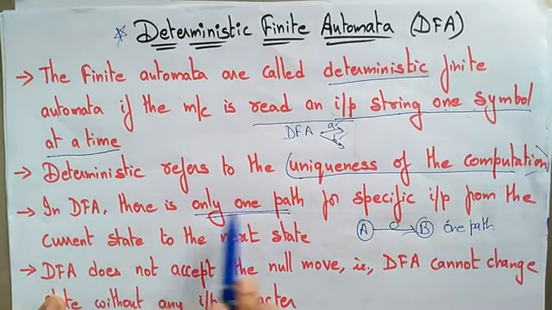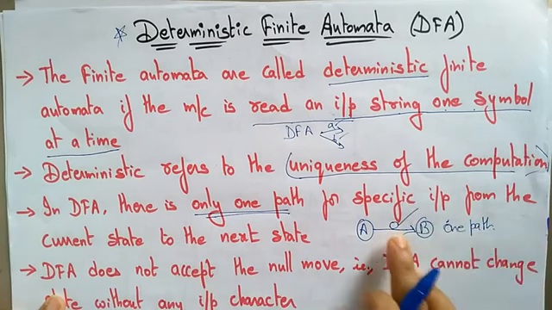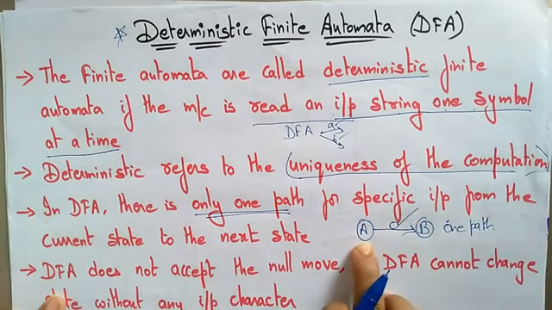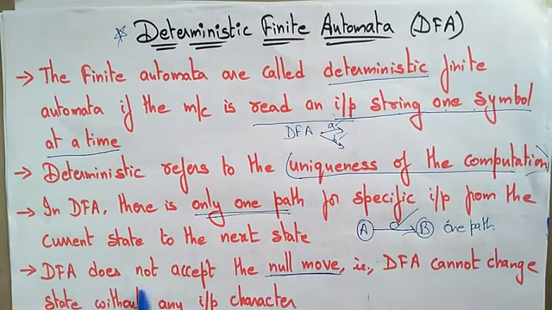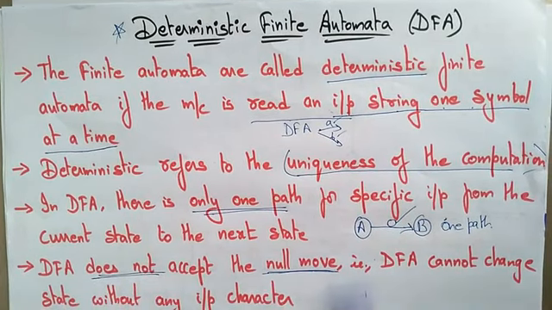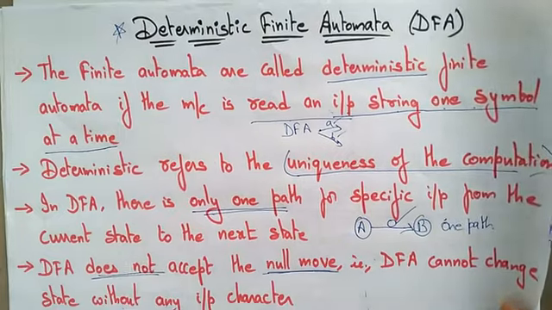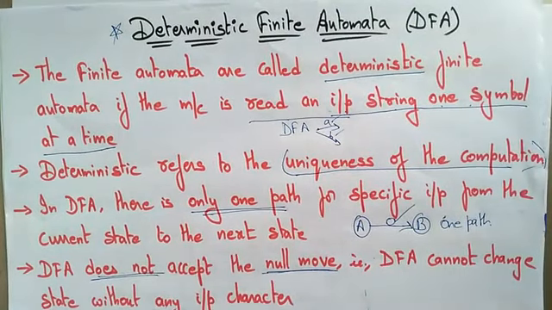Remember that in DFA, there is only one path for a specific input from the current state to the next state. DFA does not accept the null moves. That is, DFA cannot change state without an input character. If an input character is there, then only it can change to another state.